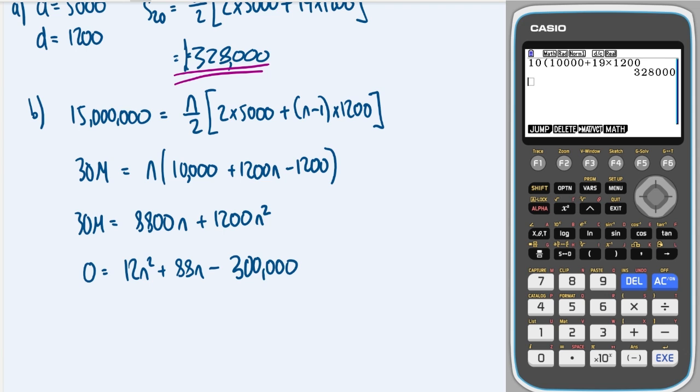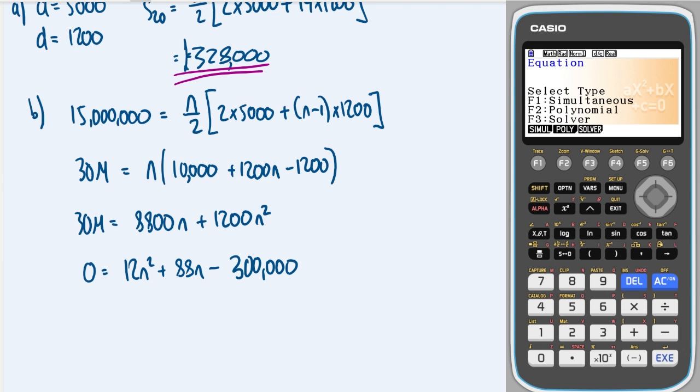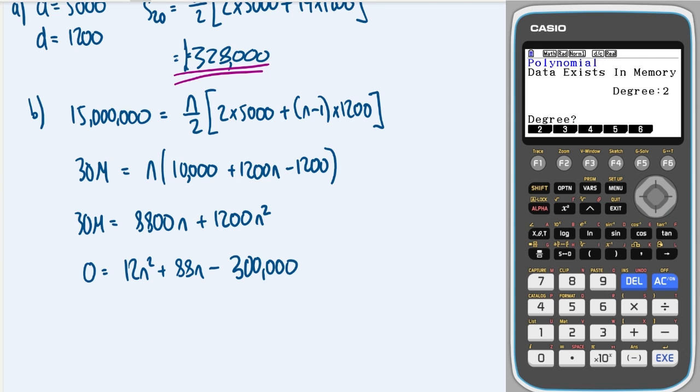Brilliant. To the calculator we go. Menu. Equation. Polynomial. Degree 2. 1288 minus 300. I'm going to take the positive one, obviously.